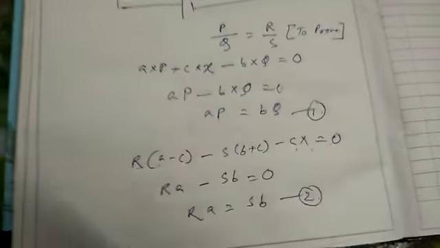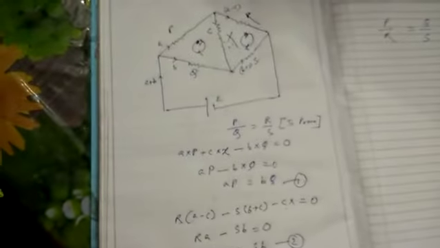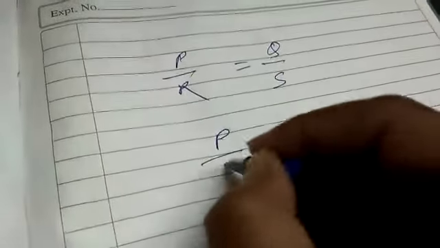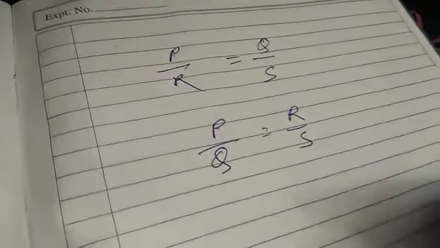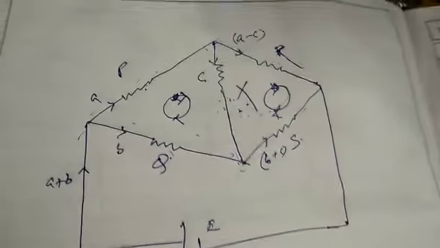You can take the screenshot. And transposing, you get P by Q is equal to R by S. This is called the balanced configuration of 4 resistances.